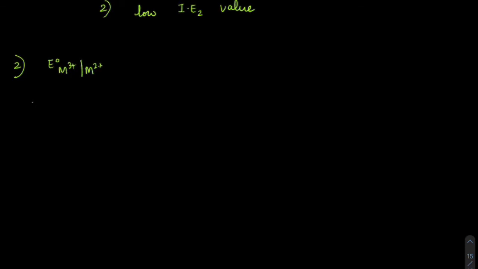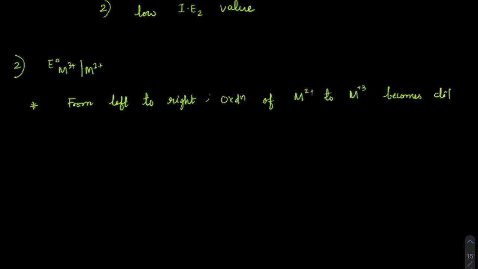Now, let us see from left to right what is happening. From left to right, the oxidation of M plus 2 to M plus 3 becomes difficult due to the increase in ionization enthalpy 3 values.